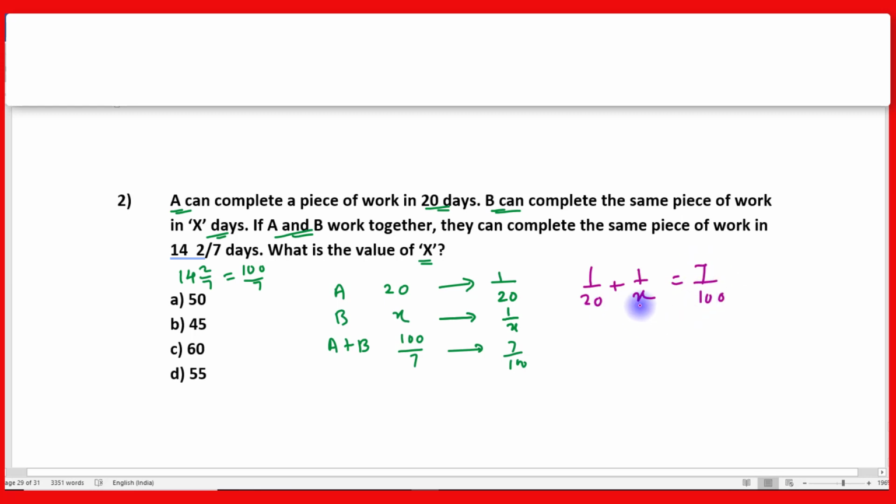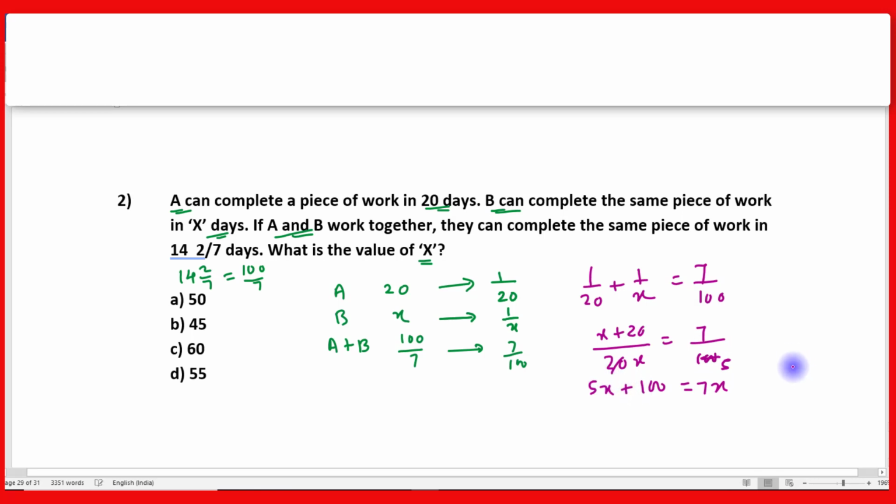So here 20x will be the LCM, so it will be x plus 20 upon 20x, which is equal to 7 by 100. So 5 twenties are 100, cross multiply, so it will be 5x plus 5 into 20, that is 100, which is equal to 7x.